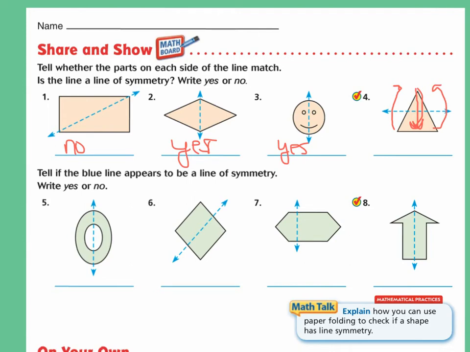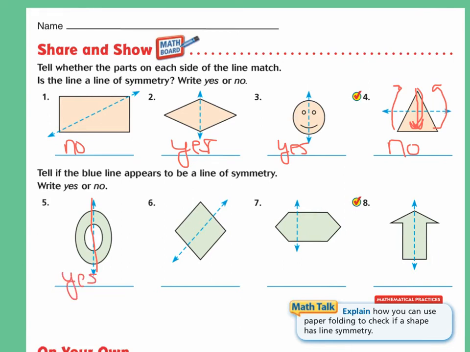I would definitely have some corners hanging over there. So number 4 would be a no. Number 5 would be yes. This guy right here does create 2 identical mirror images. So that would be a yes.